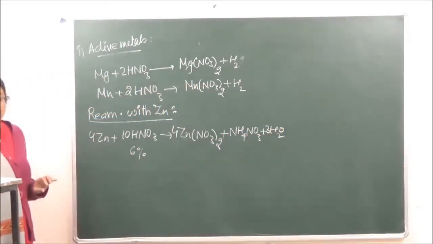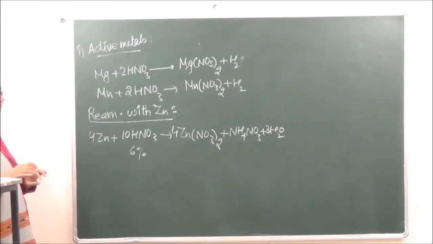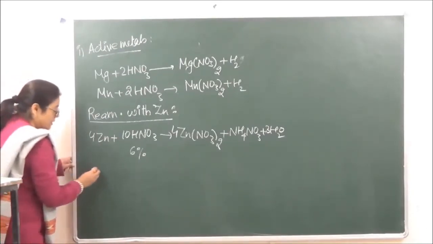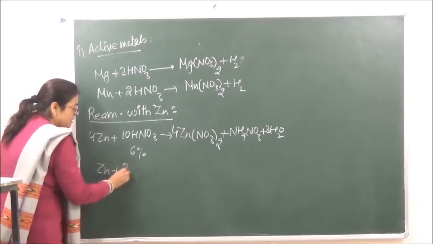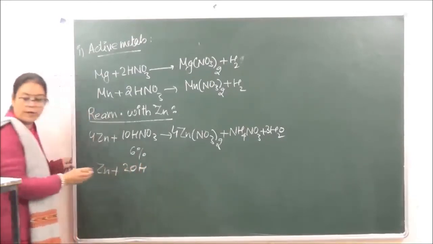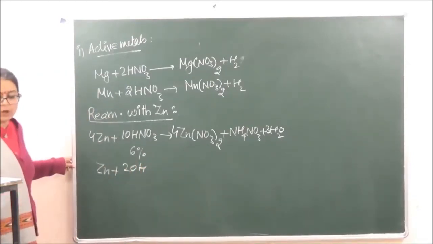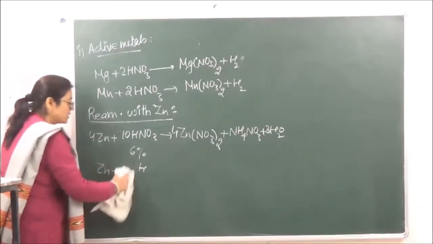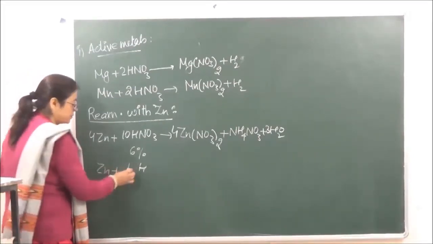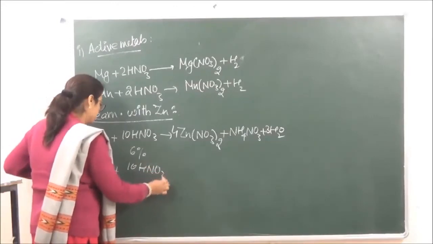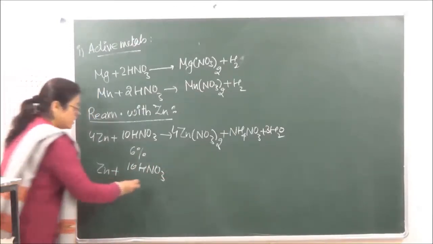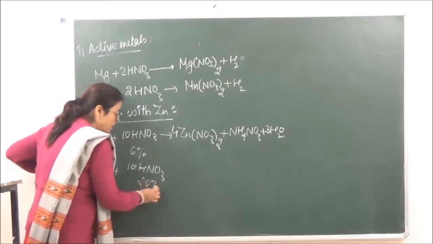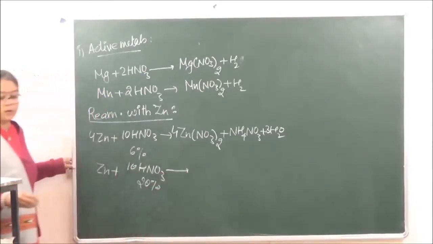ओके, अब यही reaction अगर हम लोग करते हैं with dilute acid, so we are taking zinc plus, over here, we are taking 20% of HNO3. Right? The percentage of HNO3 which we are taking over here is going to be 20%.